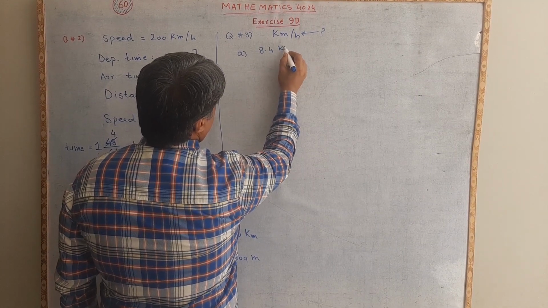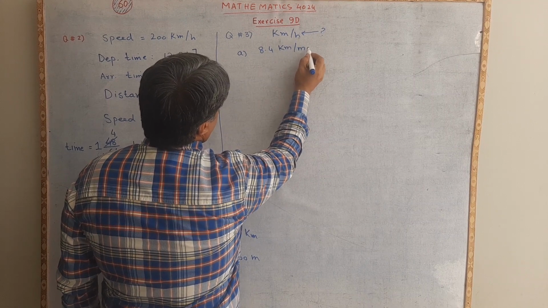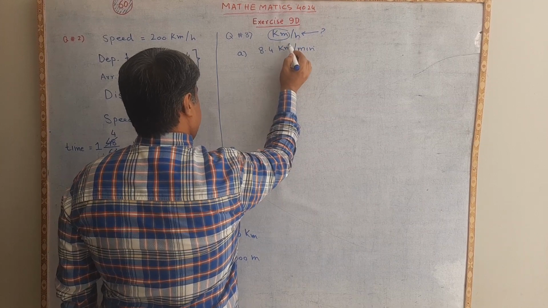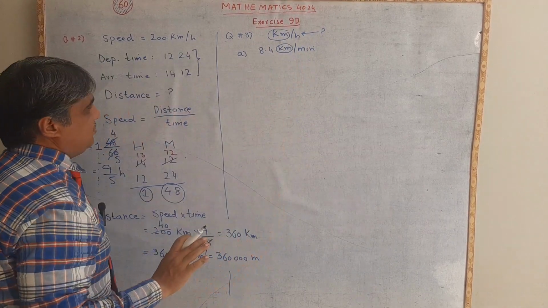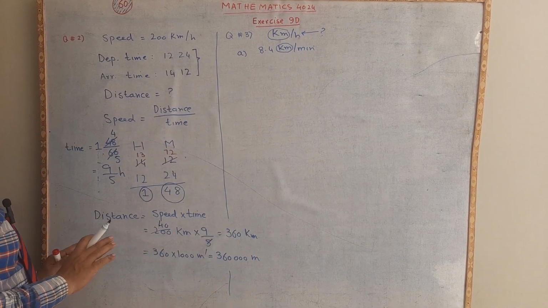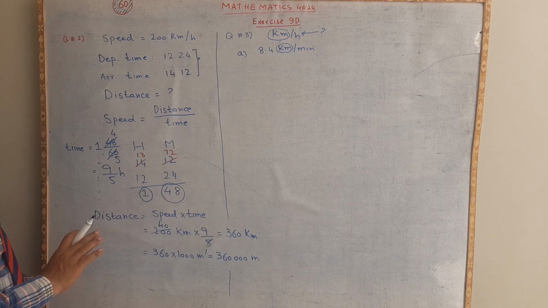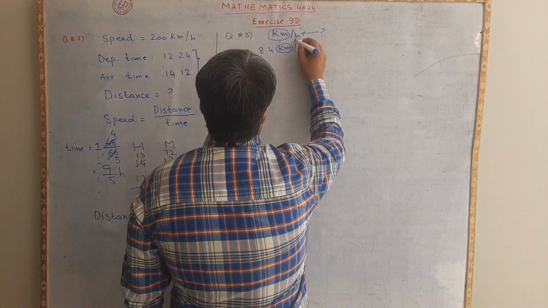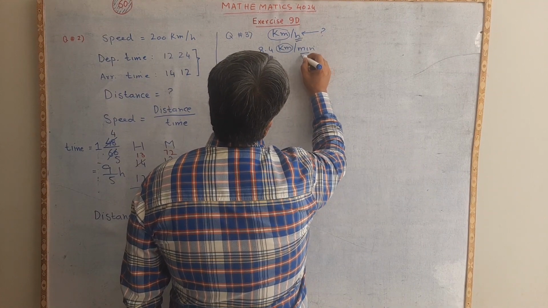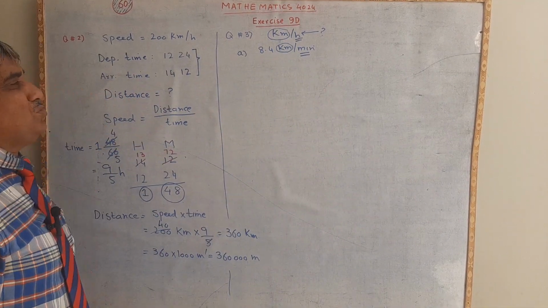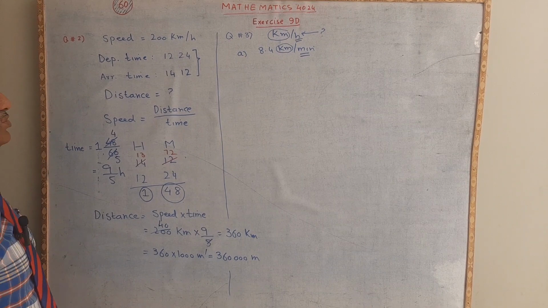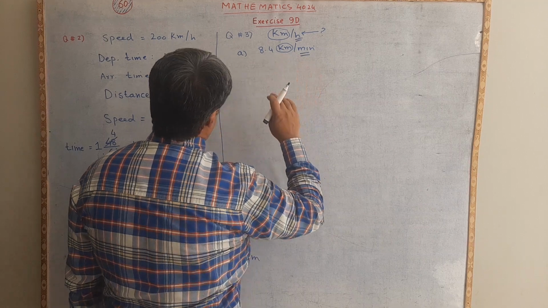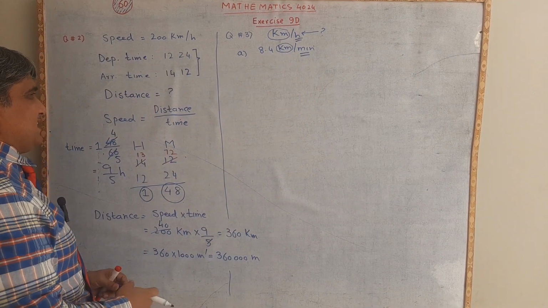Now kilometer in this case is kilometer. We don't have to either multiply or divide by anything. The only headache is that we have to convert these minutes to hours. Because there is 1 minute, it will be 60.